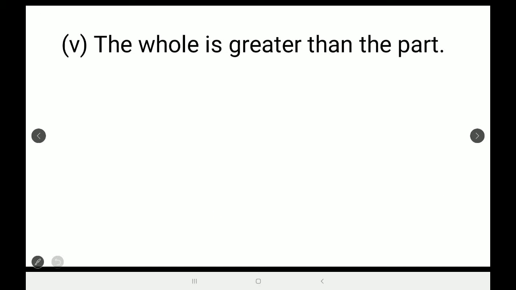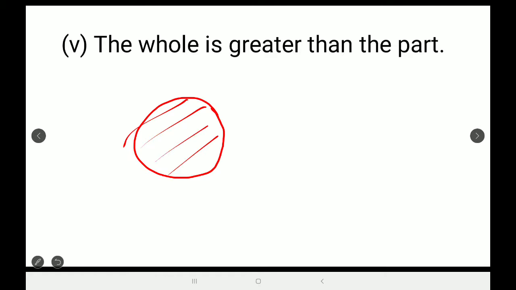And fifth one, the whole is greater than the part. If I take one example, this is the whole, and if I take one part out of this, like this, it is a part.